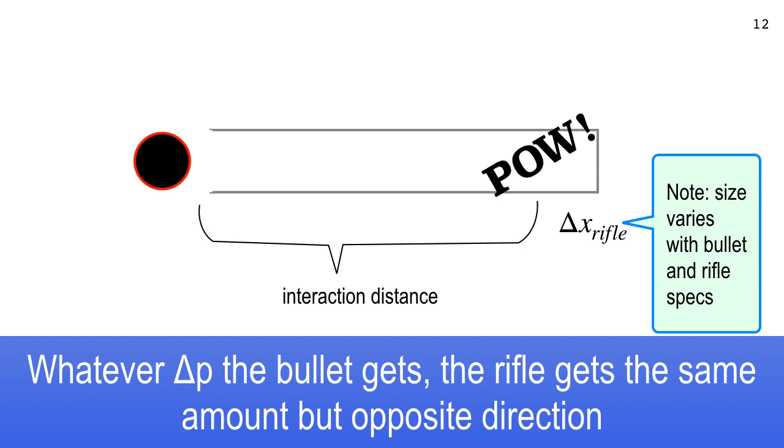The size of that recoil, if you're shooting a hunting rifle, will give you a little kick in the shoulder. Some of these big sniper rifles have really big bullets and a really long barrel, and they put a lot of momentum into that bullet, and they can shoot a target like a mile away.